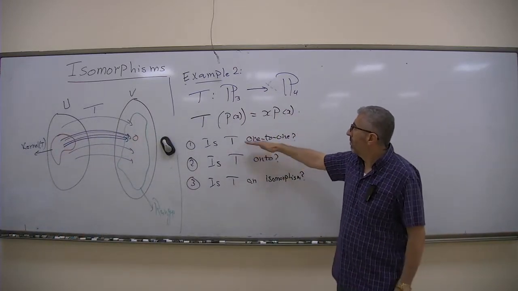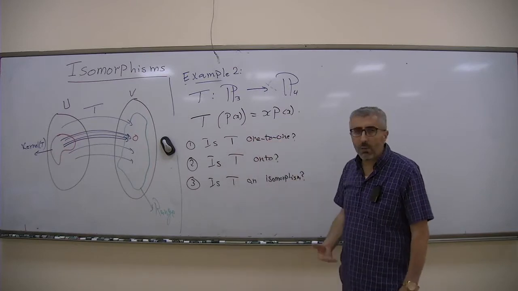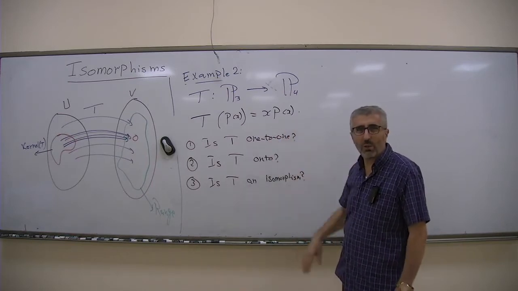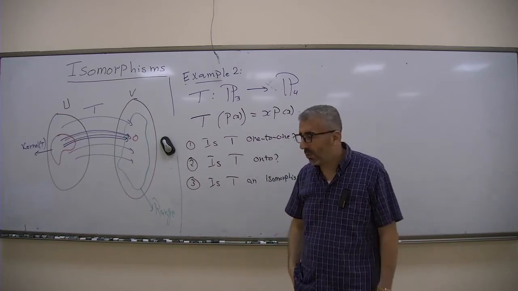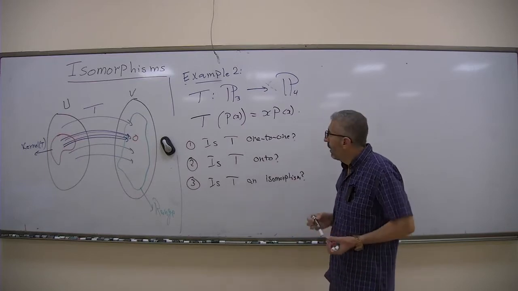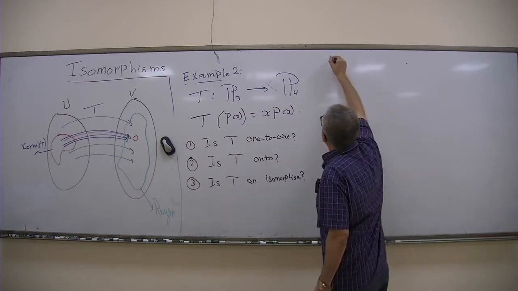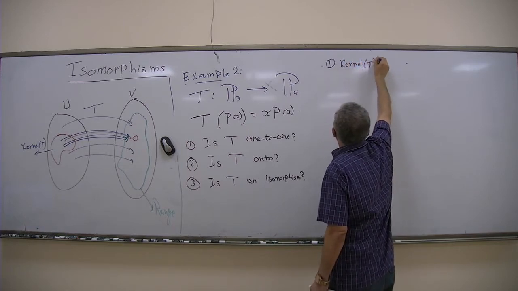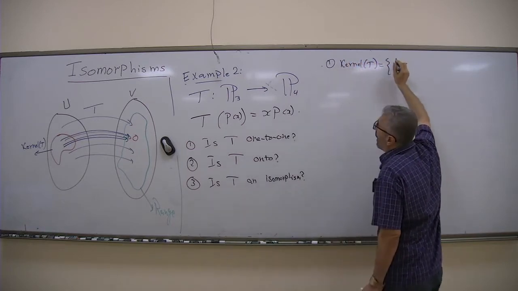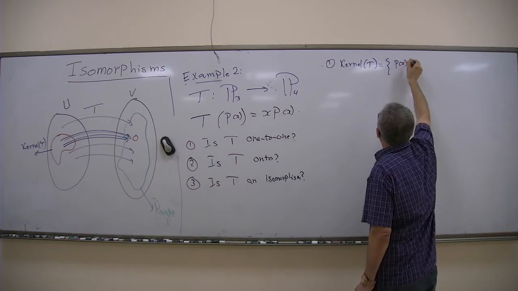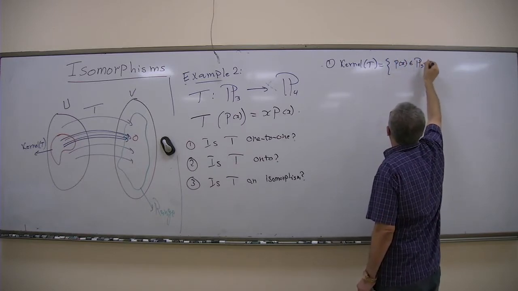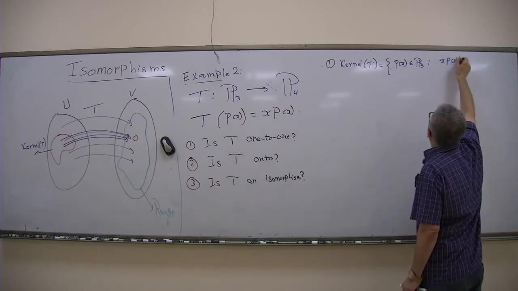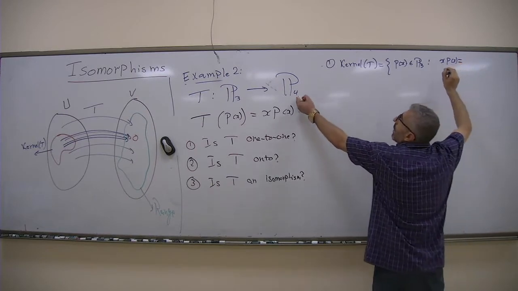As you know, to check whether it is 1 to 1 or not, the easy way to do it is just look at the kernel. Of course, you can again use here the precalculus way of doing that, but we're not interested in checking it in that way. Let's here think about the kernel. What is the kernel of T? The kernel of T is all polynomials in P3 such that x p(x) is the zero polynomial.